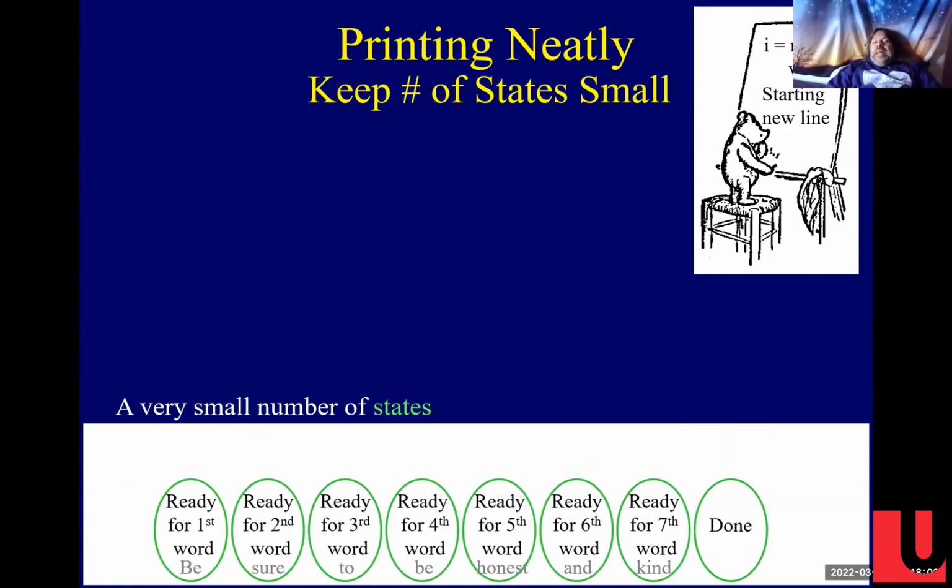These are the states that we might be in, right? Here's a state that says, I'm ready to read the next word. The next word happens to be B. I'm ready to read it, and I'm going to put it on its own line. I mean, it's going to be the first word of our next line. Everybody understand these states?